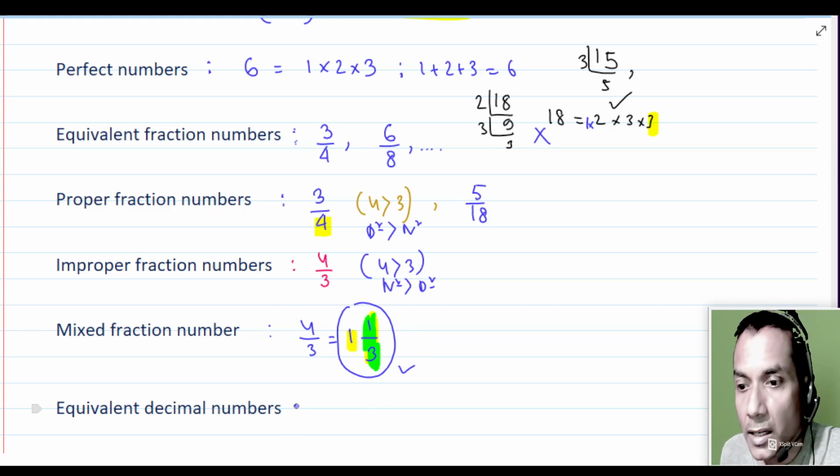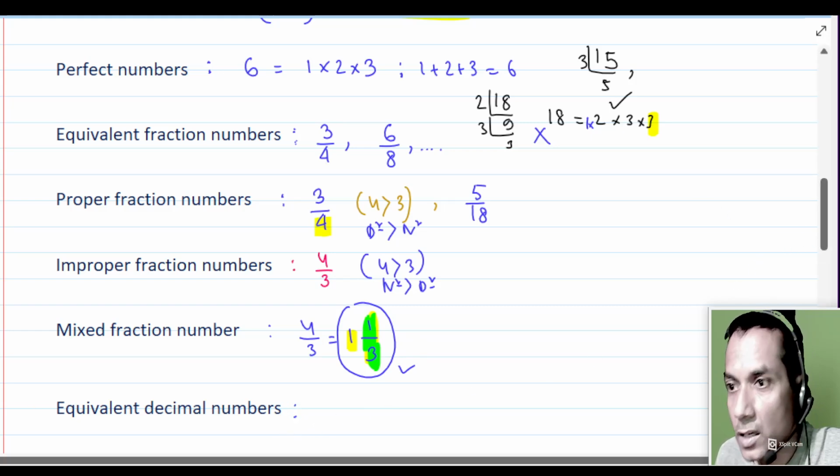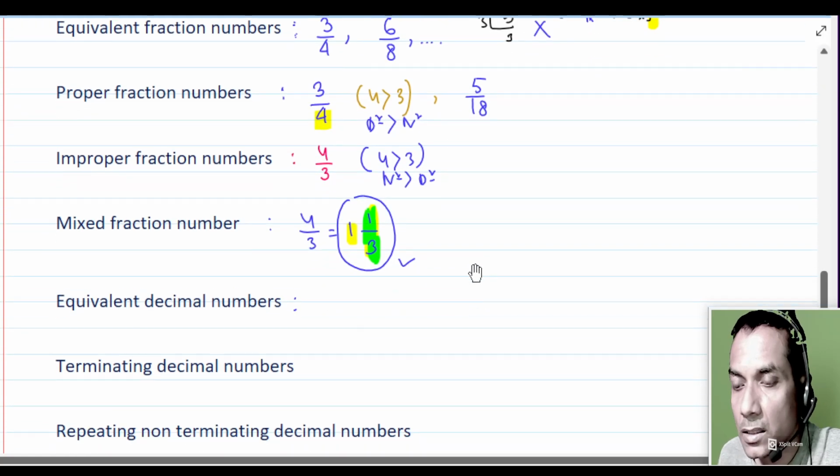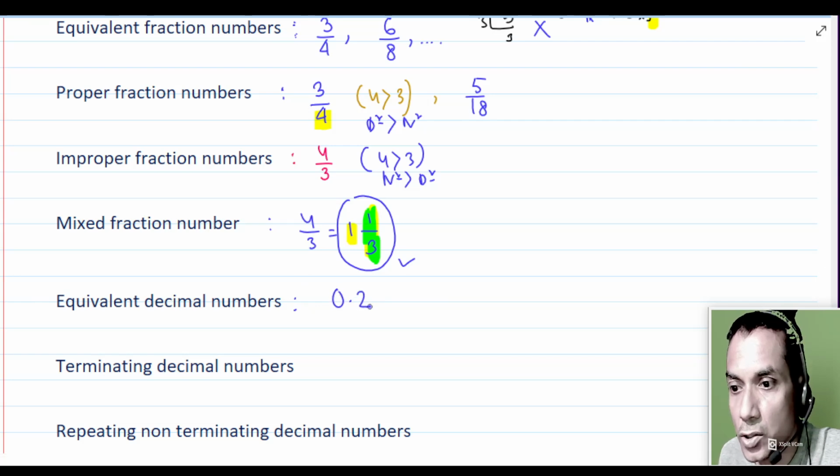Then the equivalent decimal numbers. What are those equivalent decimal numbers? Suppose different decimal numbers are given, for example 0.2 and 0.305. These are not equivalent decimals. We can convert these two numbers into equivalent decimals like this.